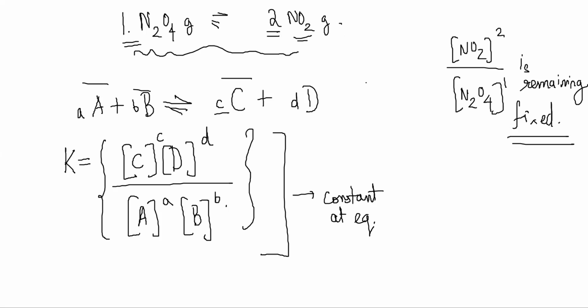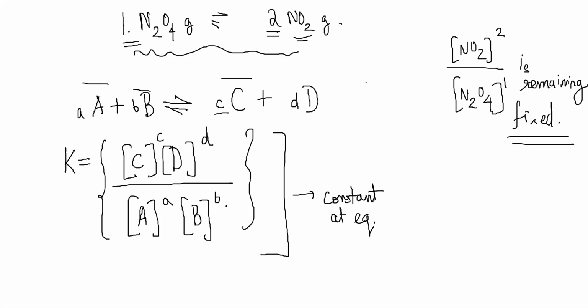For component A, partial pressure of A times V is nART, so partial pressure is nA by V times RT. But nA by V is the molarity, moles per liter, the concentration. So partial pressure is equal to concentration of A times RT. Similarly, partial pressures of B, C and D are concentrations times RT.